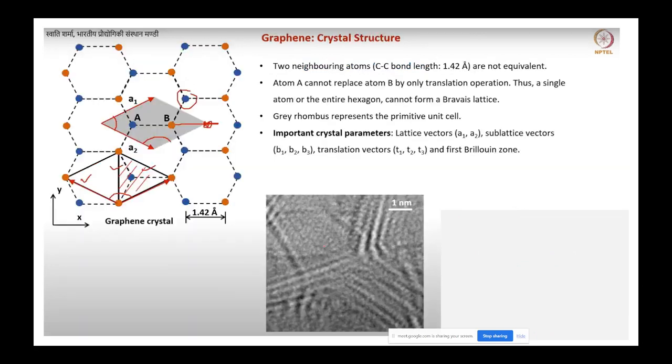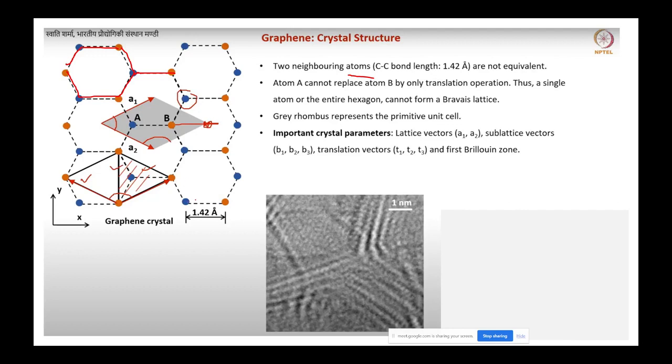Now what is the crystal structure of this graphene? Here you can see the carbon atoms. For two neighboring carbon atoms, the CC bond length is 1.42.